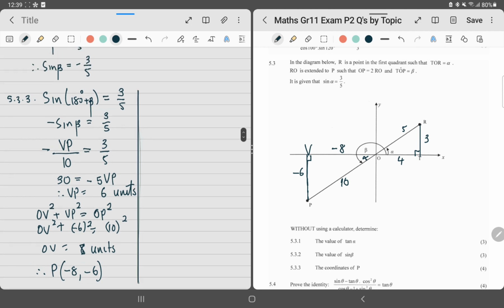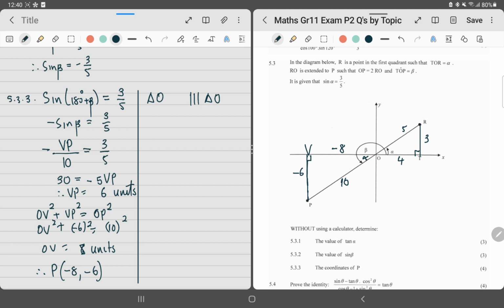Let's try a different method. Well, we know that triangle, so I'm going to take the two triangles. I'm going to take triangle OVP, and then I'm also going to take triangle OTR. So O from this first triangle should be equal to the O in the other triangle because they are both equal to alpha.